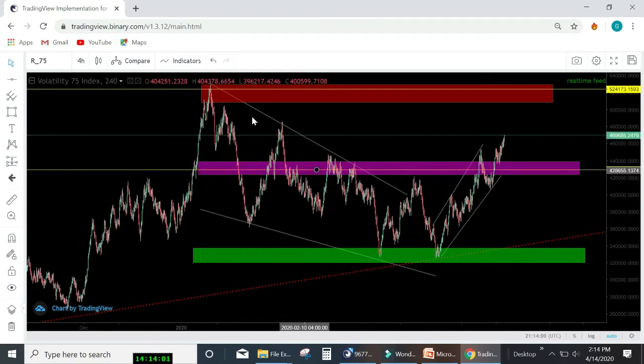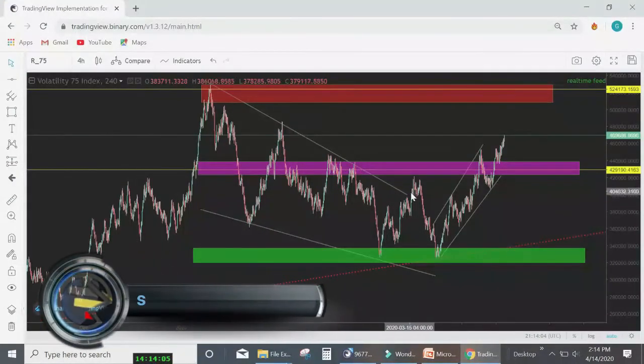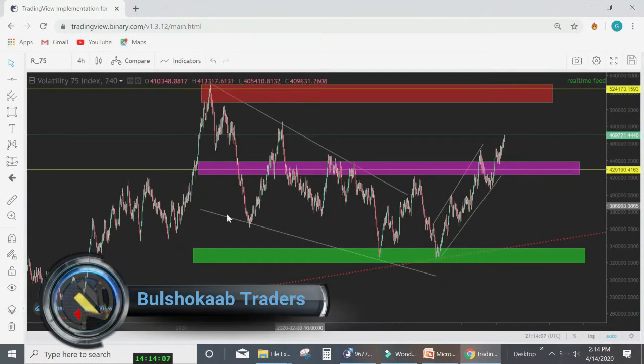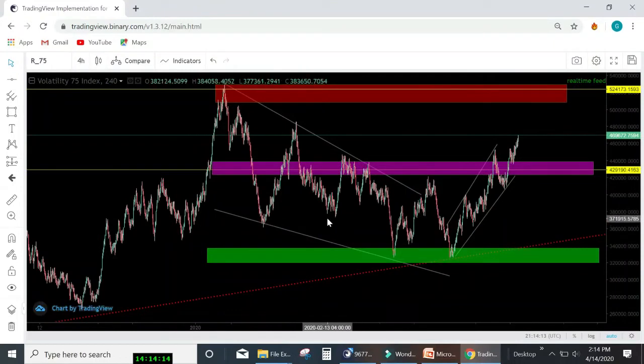Whenever you are a beginner, make a top-down analysis, top and down analysis. Okay, and all the prices, they are not looking the same anytime.